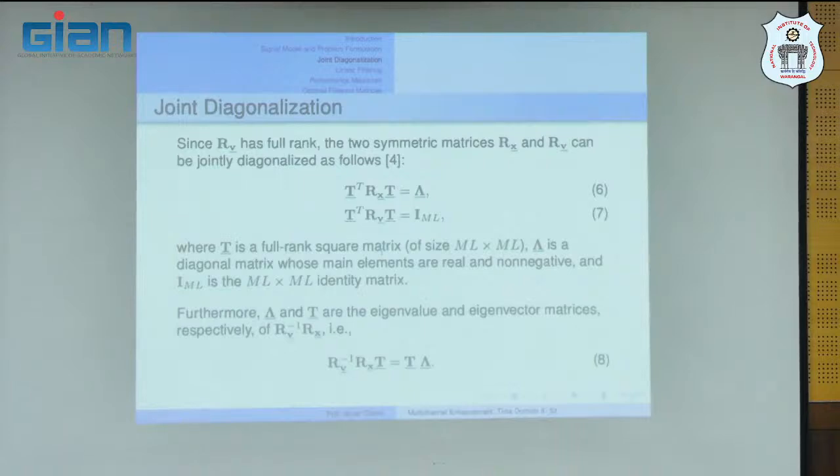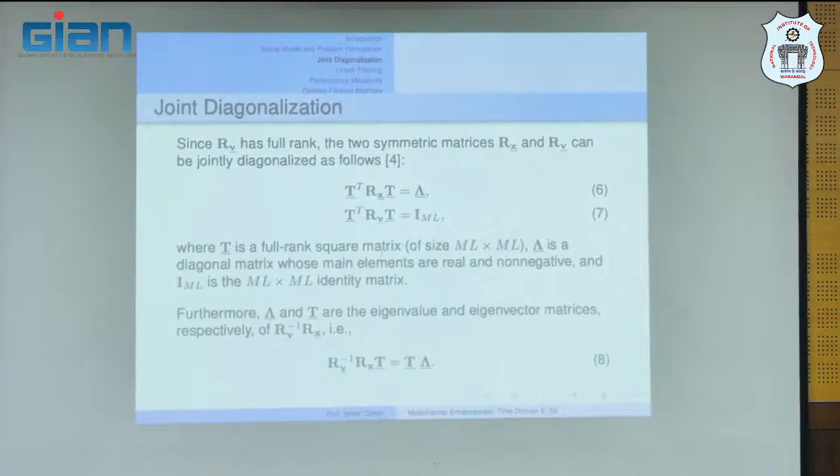So if we have two symmetric matrices, one of them is full rank, then we can find a matrix T such that it diagonalizes Rv, which is the full rank, and we get here the identity matrix, and it also diagonalizes the other symmetric matrix, and we get here a diagonal matrix, but some of the values here will be 0.